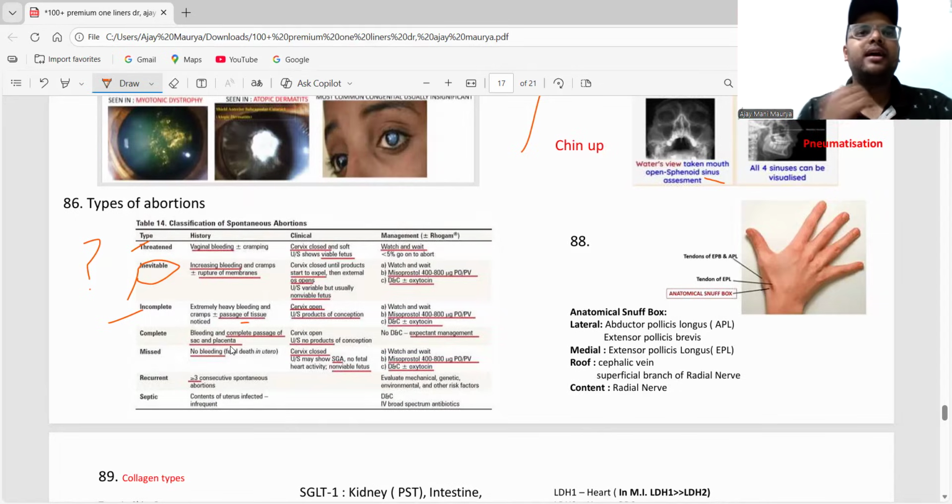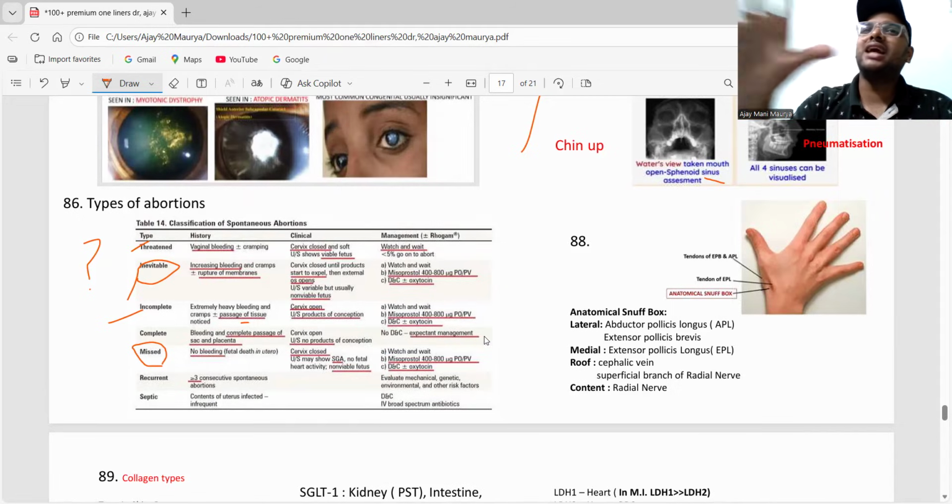Remember here, there is a missed abortion. There is no bleeding, because the cervix is already closed and the fetus has already died.